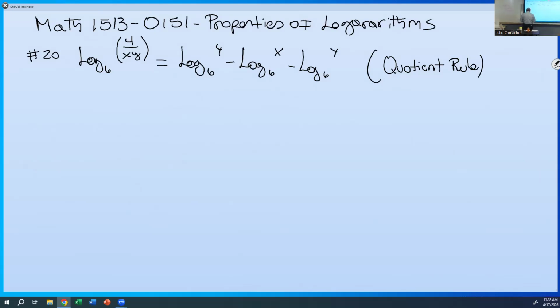So let's go to the next example. 21, you have the log base 5 of 25.